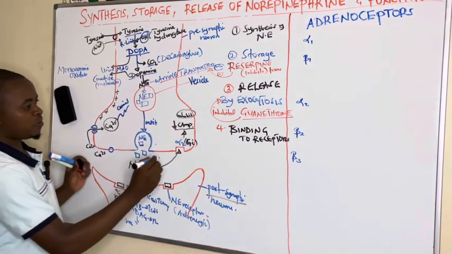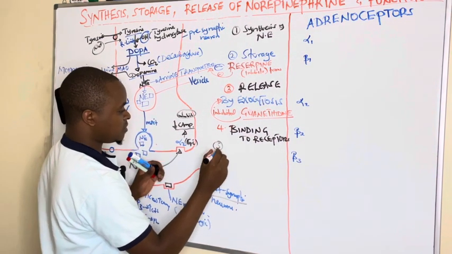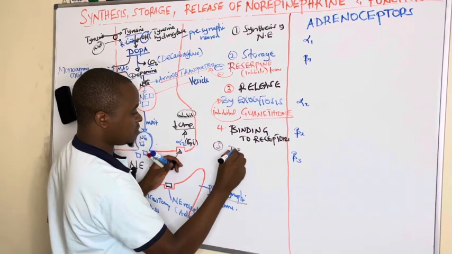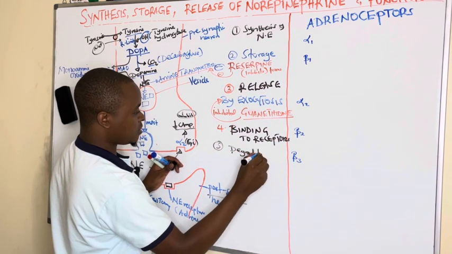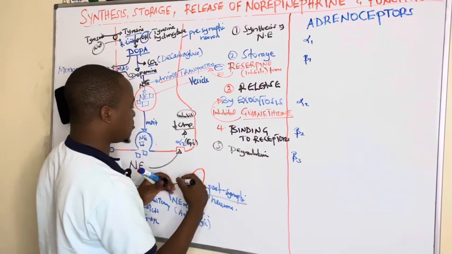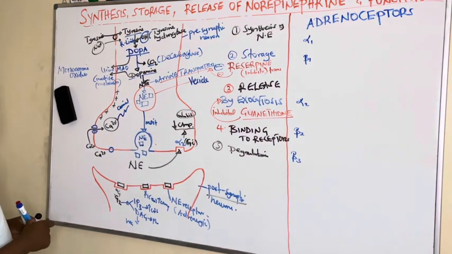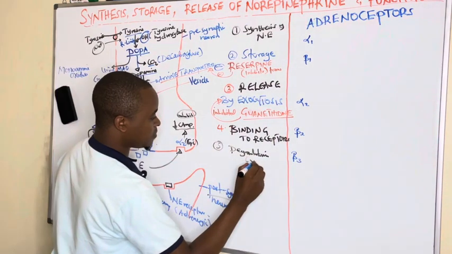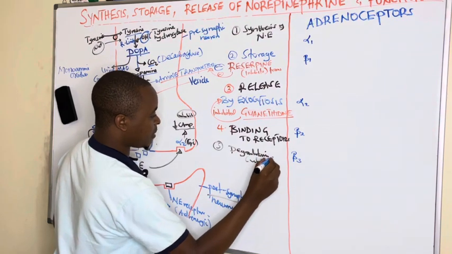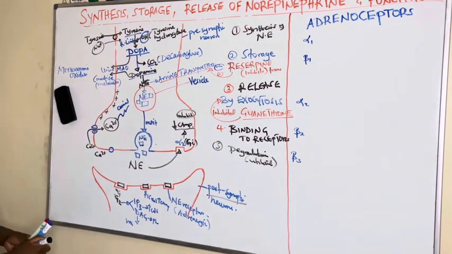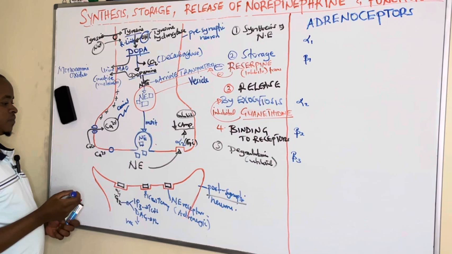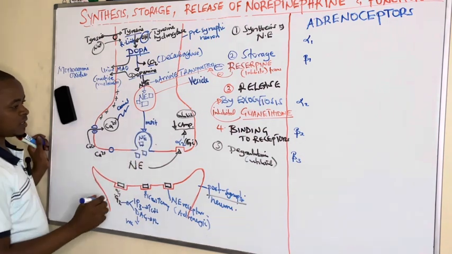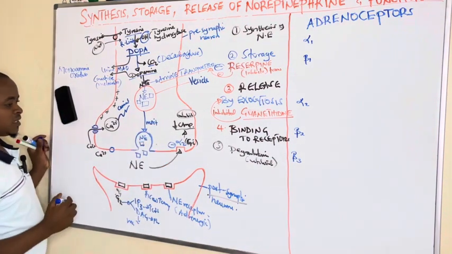Now we are on point number 5, which is degradation, or we can call it utilization after binding. So some of them bind to the autoreceptors to modulate or inhibit further release.